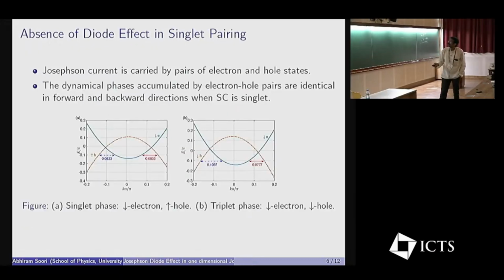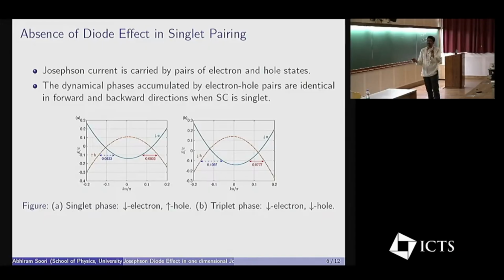Okay, so let us see why this happens when there is a triplet pairing. So let us say there is singlet pairing. As I said, it's the electrons and holes in the normal metal which carry the Josephson current. So in the normal metal, when there is singlet pairing, a downspin electron, for example, mixes with an upspin hole.